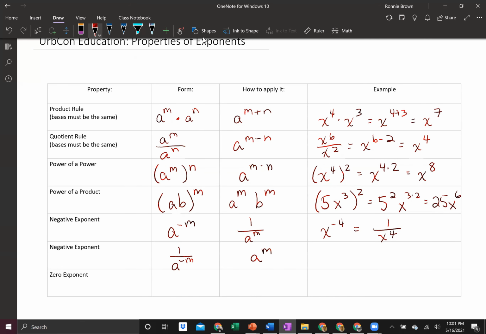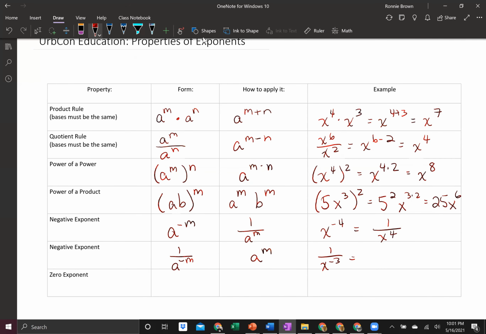So it looks like for these two negative exponent rules, if you have the base and a negative exponent in the numerator, we move it to the denominator, it becomes positive by mathematical rule. If we have a negative exponent and its base in the denominator, we move it back up to the numerator and it becomes positive.